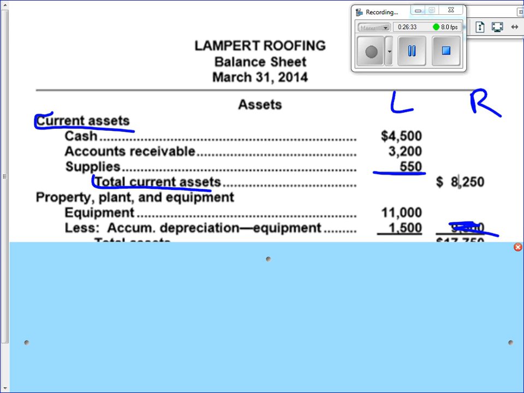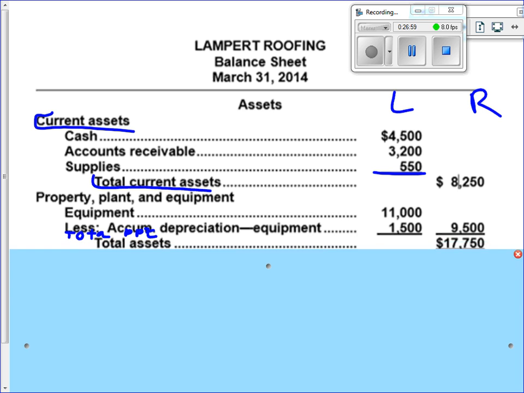Do you have enough lines? Okay. So I want to see total PPE, and I want that 9,500 on its own line, on the next line. And then you can say total assets, 17,750.